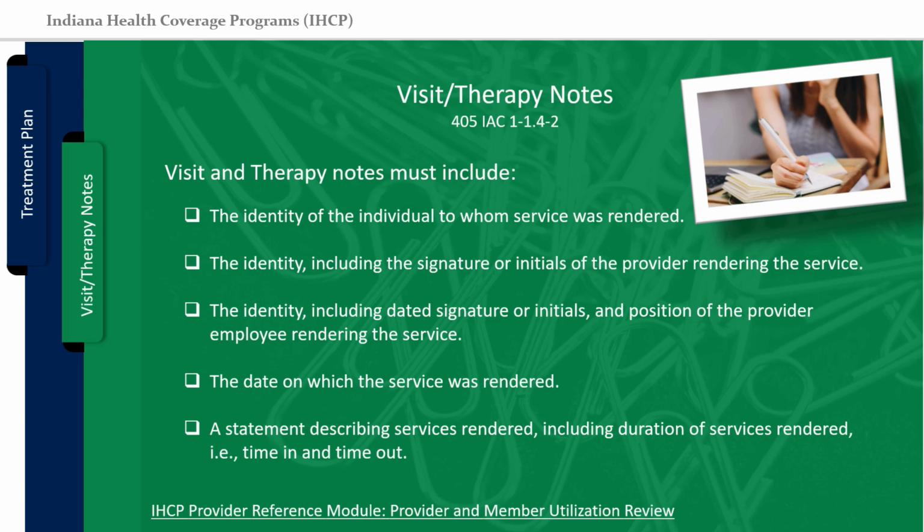Visit and therapy notes for services must include the following: the identity of the individual to whom service was rendered, the identity including the signature or initials of the provider rendering the service, the identity including dated signature or initials and position of the provider-employee rendering the service, the date on which the service was rendered, and a statement describing services rendered including the duration of services rendered, for example, the time in and time out.